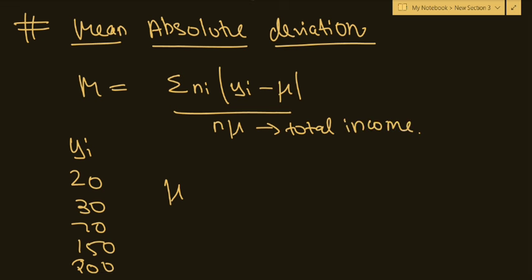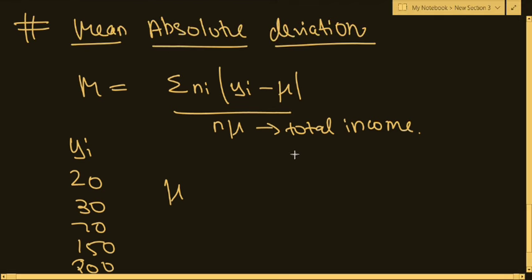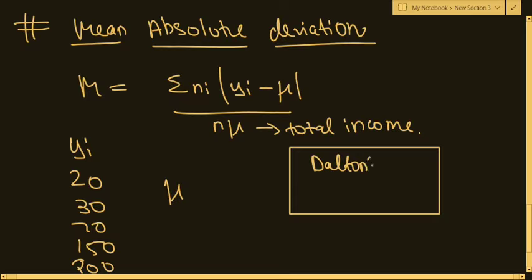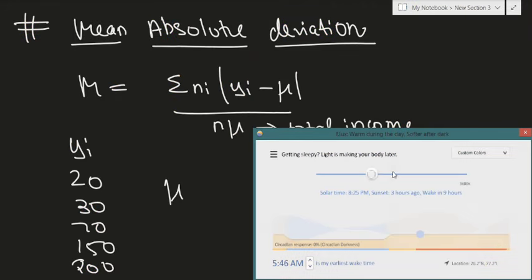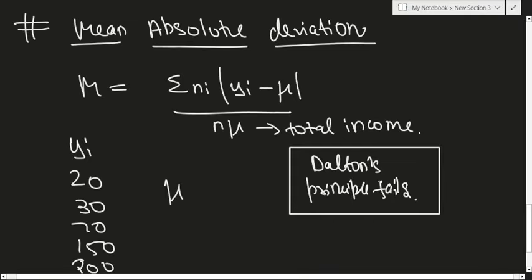And try to think about why this fails Dalton's principle. Let's try to think about it. Now, if we make a regressive transfer, let us say taking rupees 10 from 30 and giving it to 150, the average income remains the same.